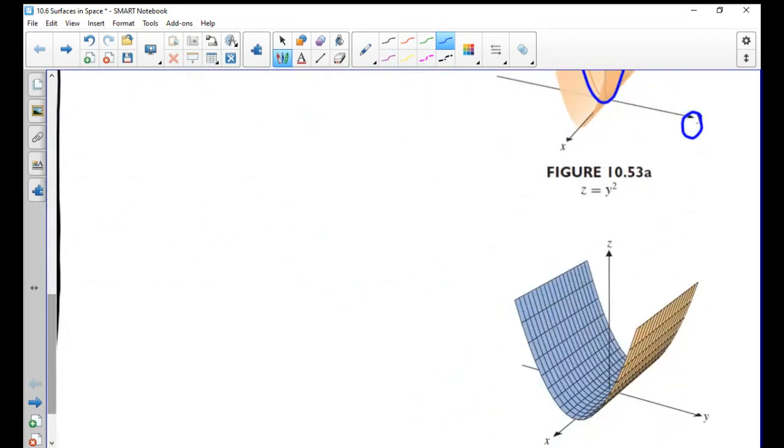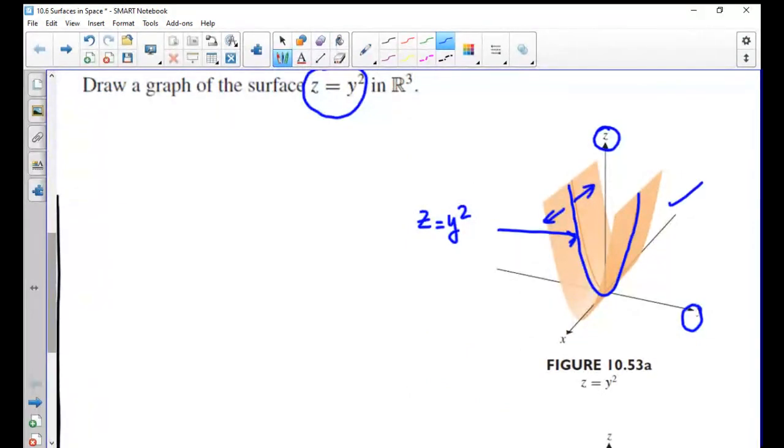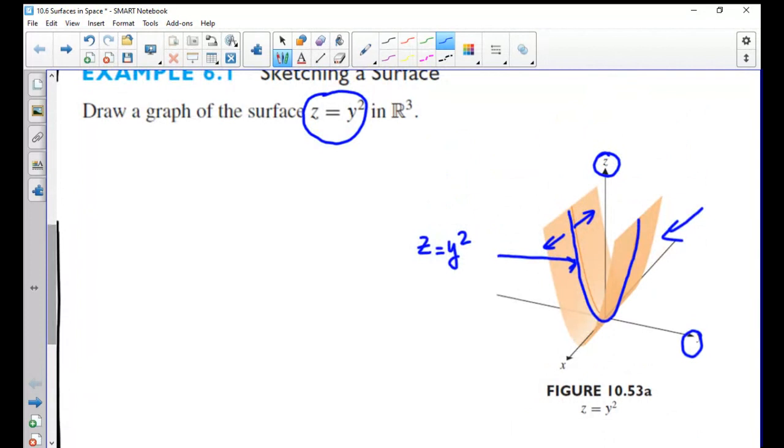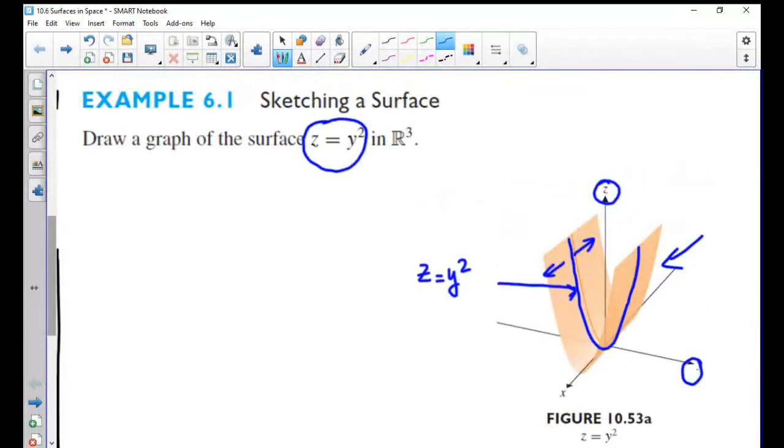Yeah. So you get this shape, or this one here. So that's the general idea of these equations. So you graph in the plane yz, and you just slide it along the x-axis, so you will get this.